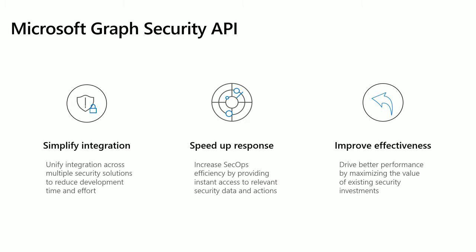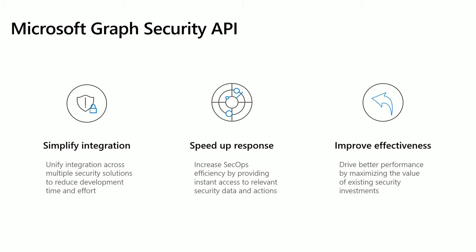That's where Microsoft Graph Security API provides value, in terms of leveraging the power of Microsoft Graph to provide that single interface to access all your security data using the single endpoint. So the Microsoft Graph Security endpoint is HTTPS graph.microsoft.com/security. And then you get a simplified integration to get your security data across these different providers in a unified schema.